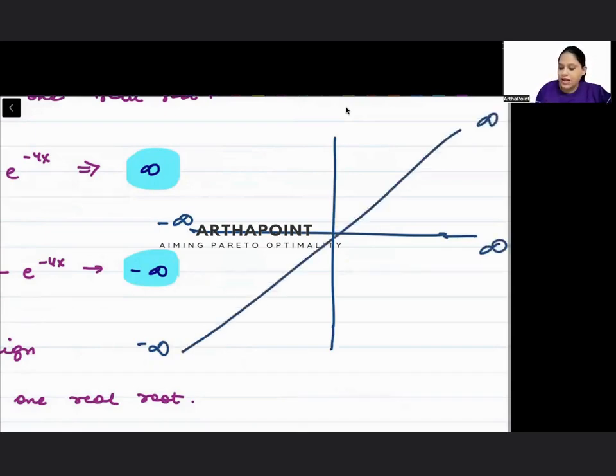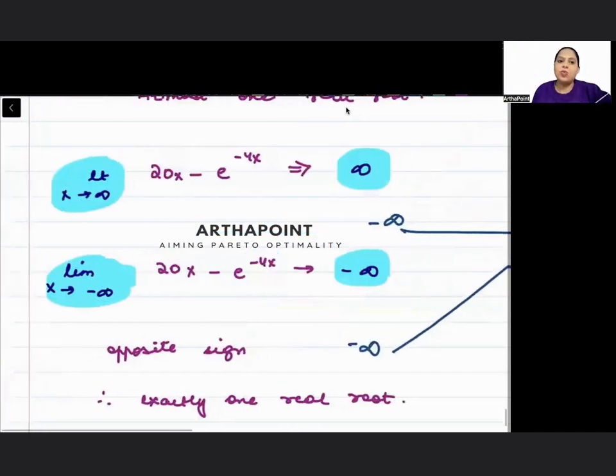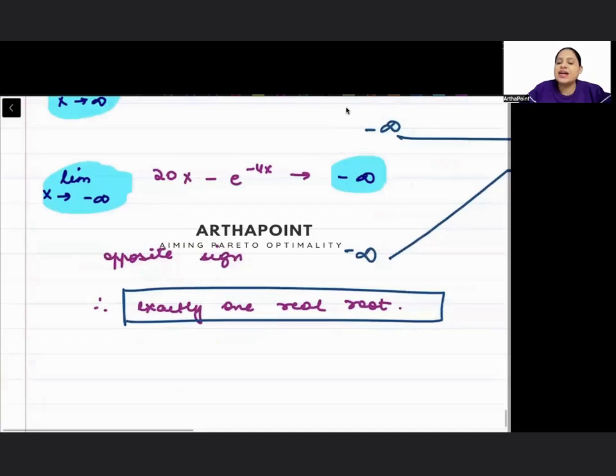So there will exist one such x such that at that point function will take the value 0. It will cut the x-axis once. And at most once क्यों होगा? Because it's a strictly increasing function. So once it starts increasing, it cannot decrease. So there will be exactly one real root that will exist. Is this clear, beta? Okay, beta. Thank you.